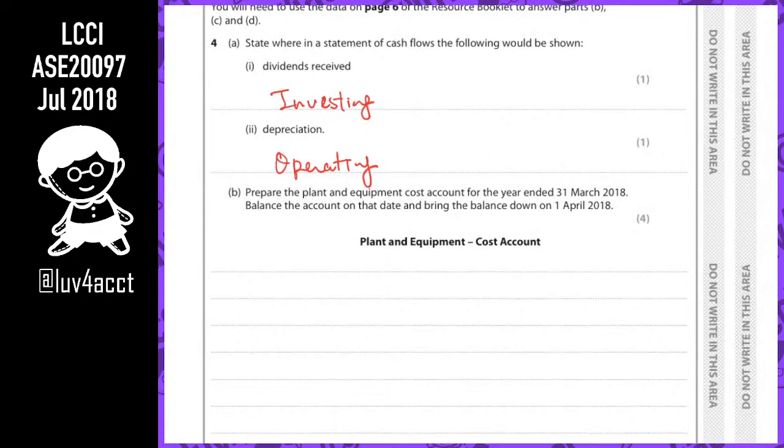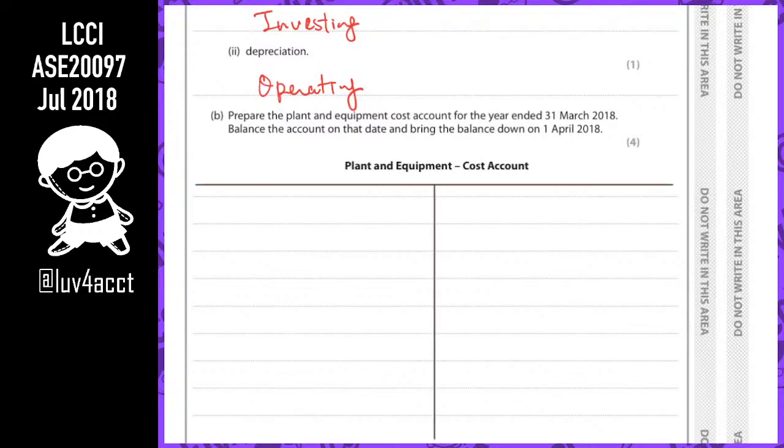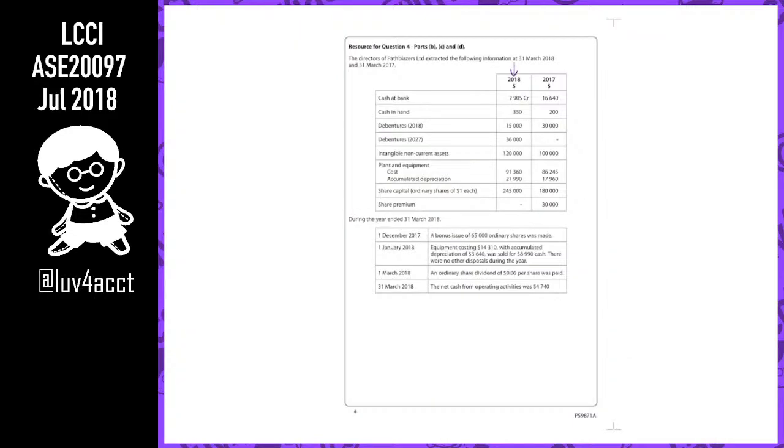Prepare the plant and equipment cost account. Cost account is on the debit side.